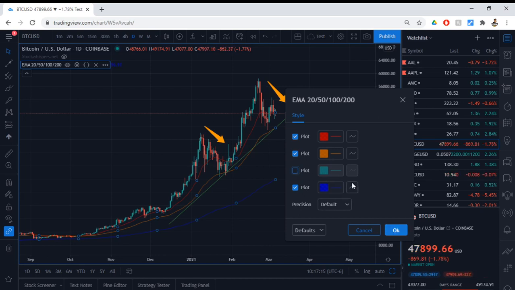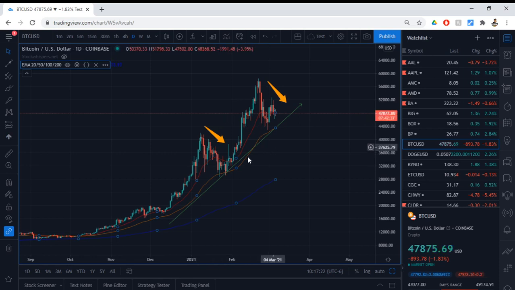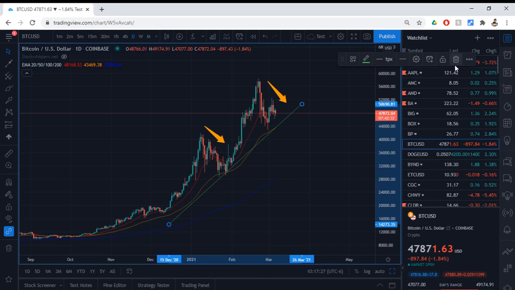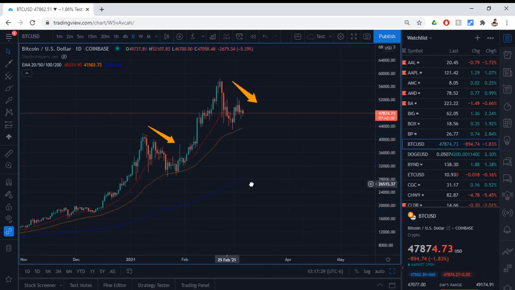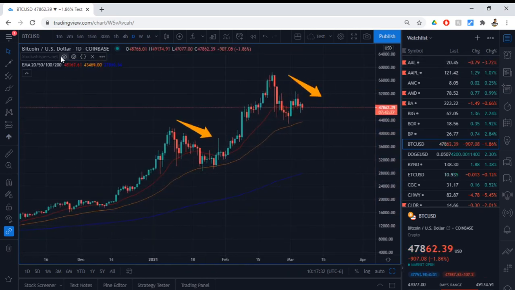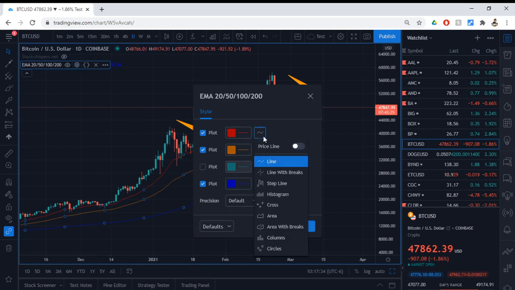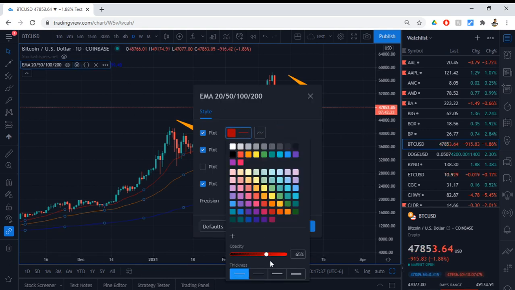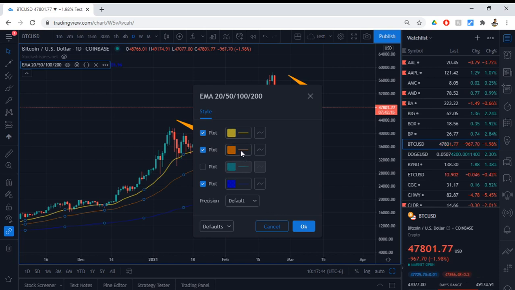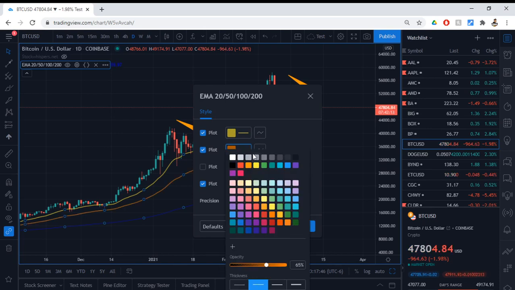We took out the 100, leaving 20, 50, 200. So we took out the 100-day moving average on the indicator, but you're free to do however you like. Let's just adjust this a little bit more. Okay, so we can see this a little better here, in my old age.